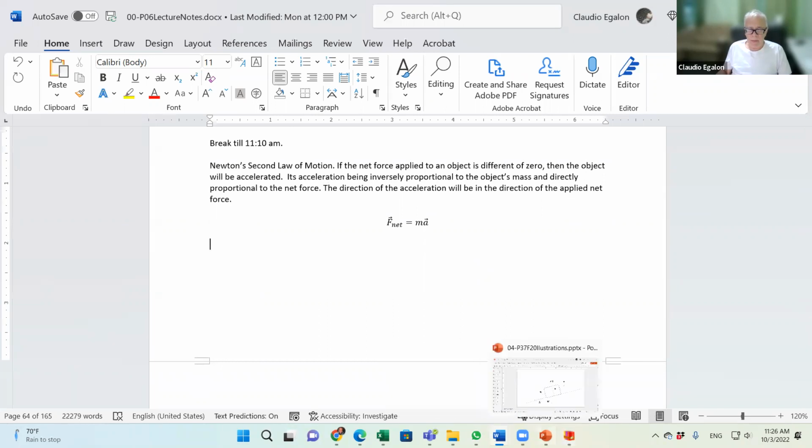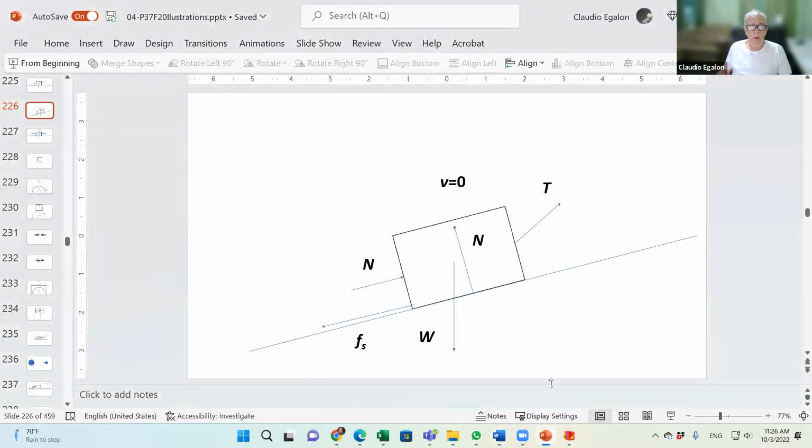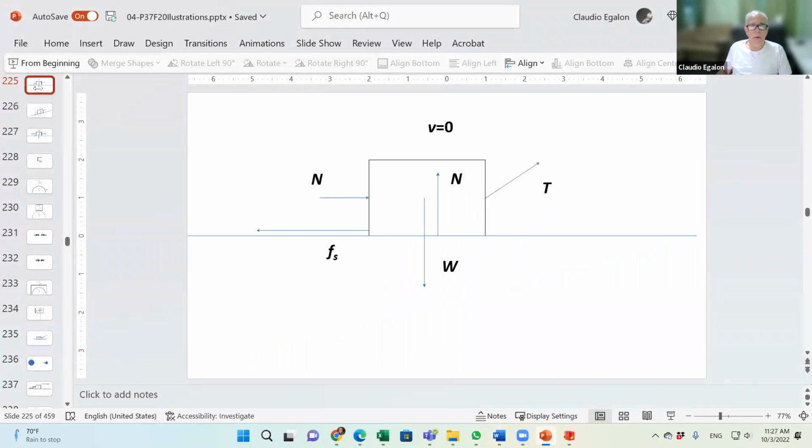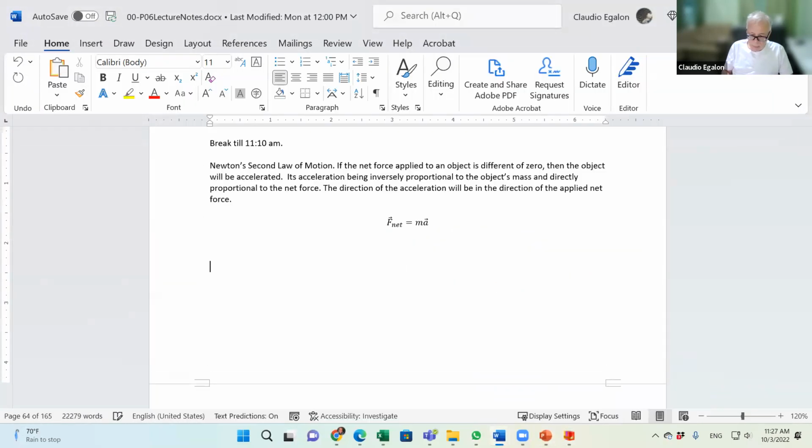And we can come up with a simple example. Let me do a very simple one. A net force of 5 newtons to the right, horizontal, is applied to an object of mass m equal to 5 kilograms.